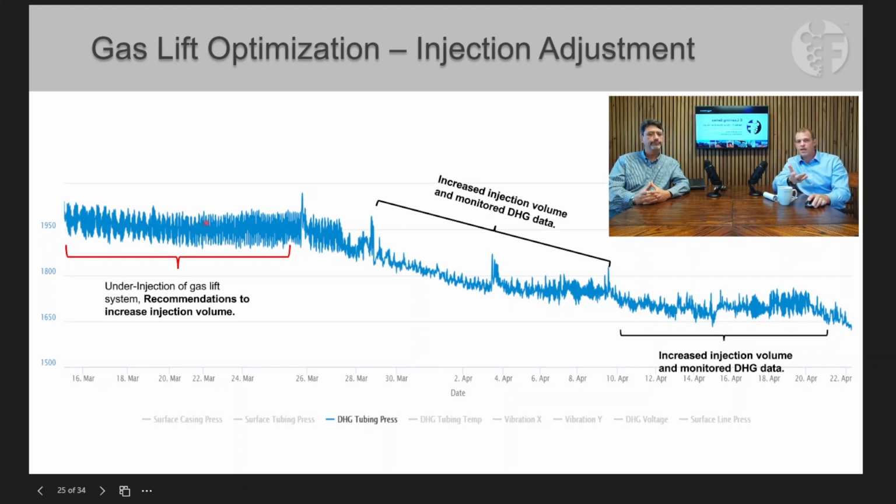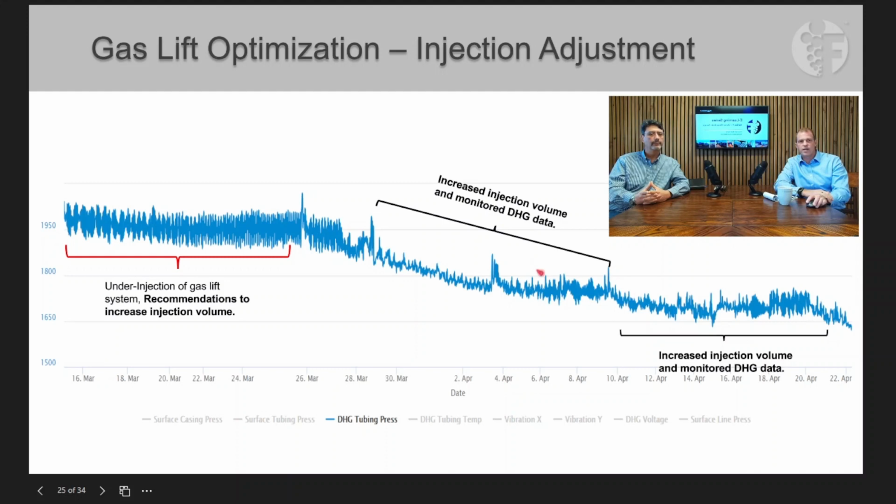Correct. And so from a gas lift standpoint, that tells me we need to adjust injection rate. In this case, we need to increase injection rate because we're experiencing liquid loading. And by doing that, we're able to draw the well down, lower that flowing bottom hole pressure, and more importantly, reduce that delta P between those slug frequencies.